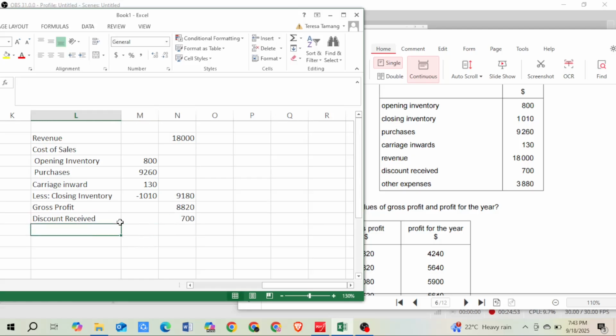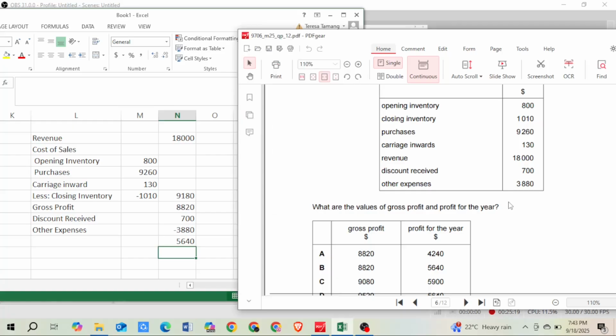And then other expenses is 3,880. This we will subtract. Okay, let's do auto sum from gross profit, and then the profit for the year is 5,640. So we need to have this answer. So gross profit is 8,820, and profit for the year is 5,640. So correct answer is option B.